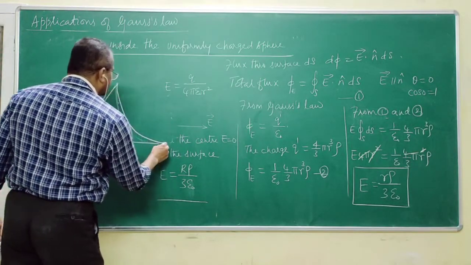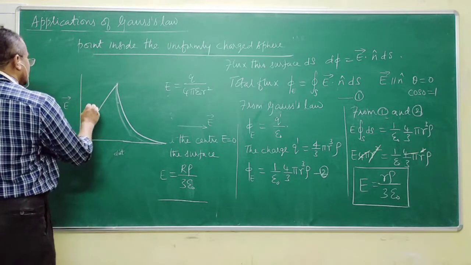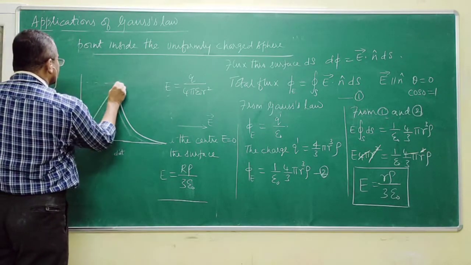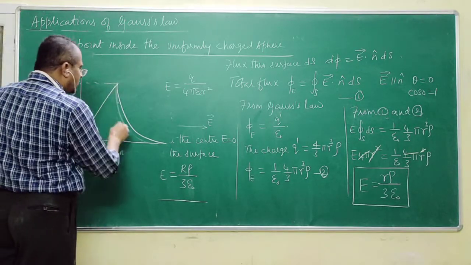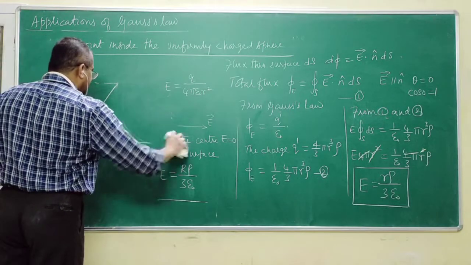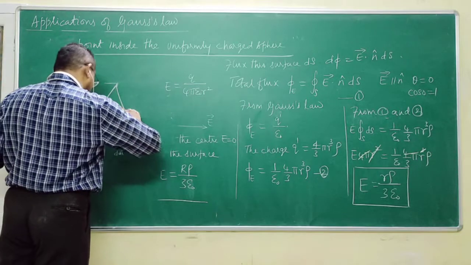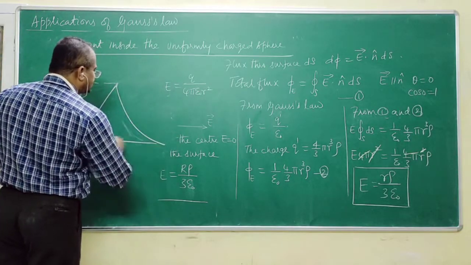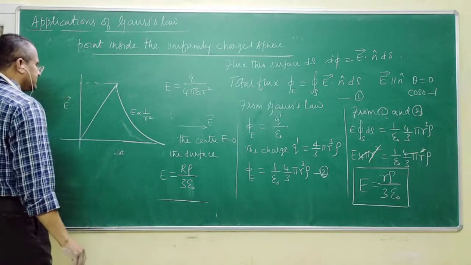It will go like this. At the surface, it is maximum. Outside it decreases, because E is inversely proportional to r squared.